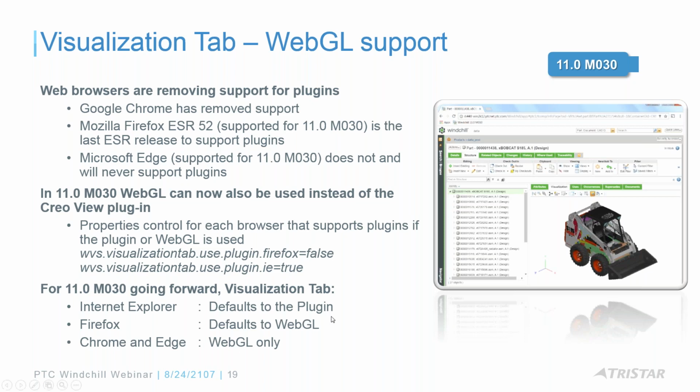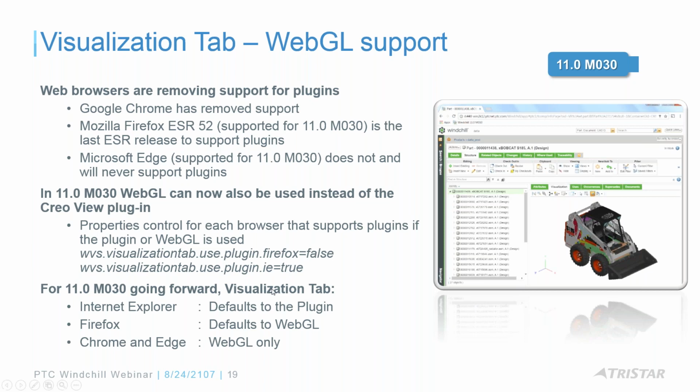The defaults when you use different web browsers on that visualization tab are now WebGL for Firefox, Chrome, and Microsoft Edge. Microsoft Edge was not fully supported previously. If you're using Windows 10 and Microsoft Edge, you can now correctly display the viewables inside of the Windchill pages, because they're now using WebGL technology.